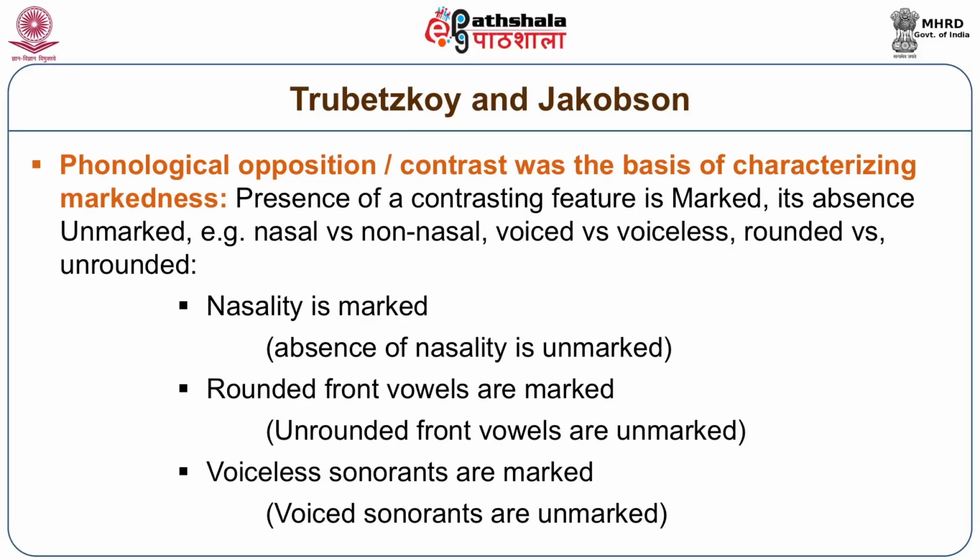To give examples of the difference between marked and unmarked phenomena, when we look at, let us say, vowels, we find that between front vowels and back vowels, it is back vowels which are rounded in general. So u, o are rounded, while front vowels i, e, a are not rounded.